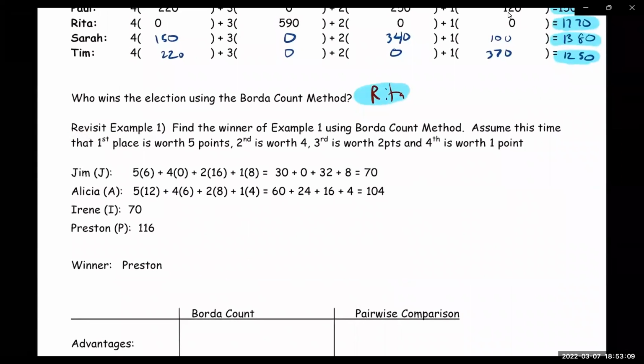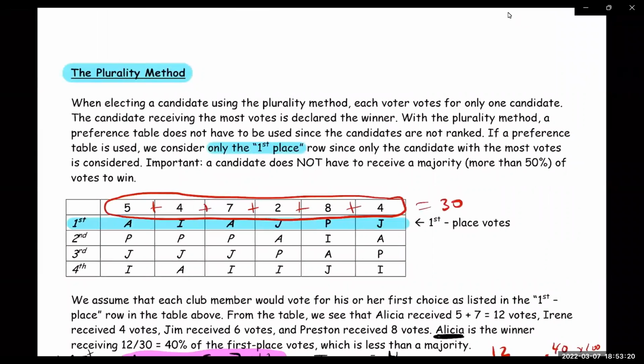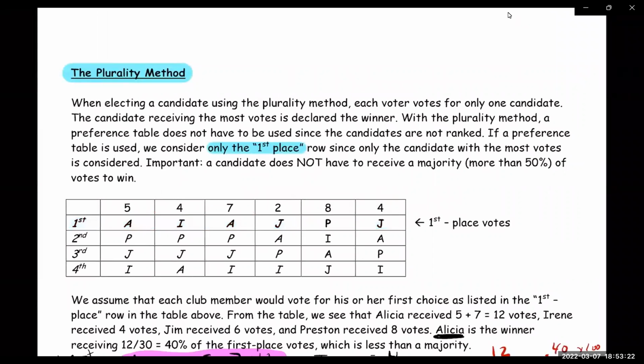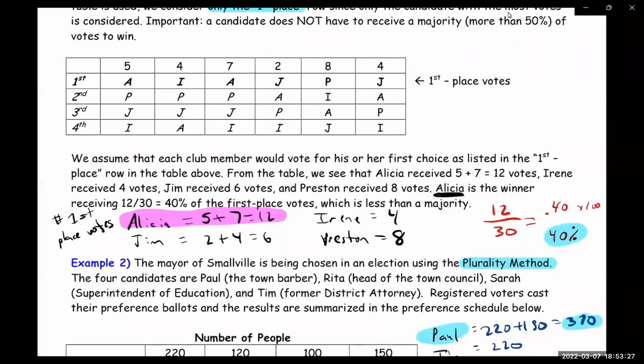Remember the first example? They want to go back and see who won that. So let's go back. They already did the board count, but this time there are 5 candidates, I think. Irene, Alicia, Preston, Jim. Is that 5? No, that's 4.